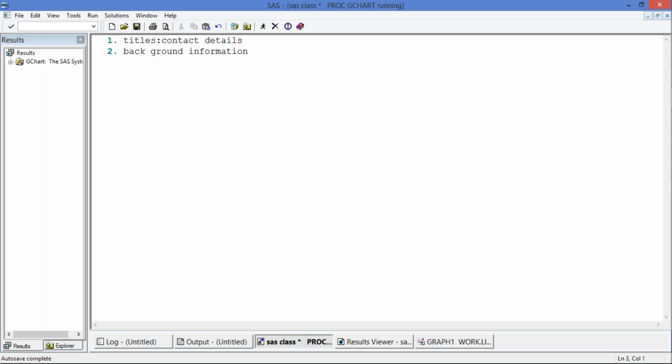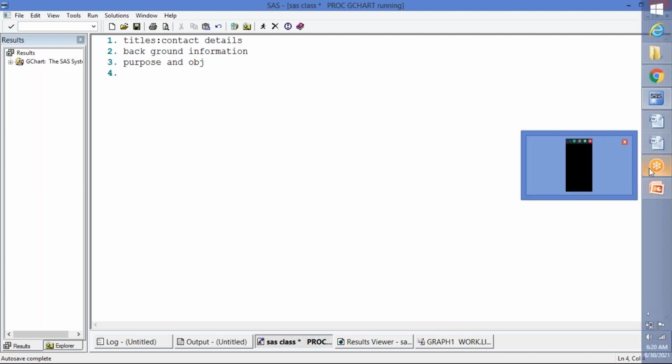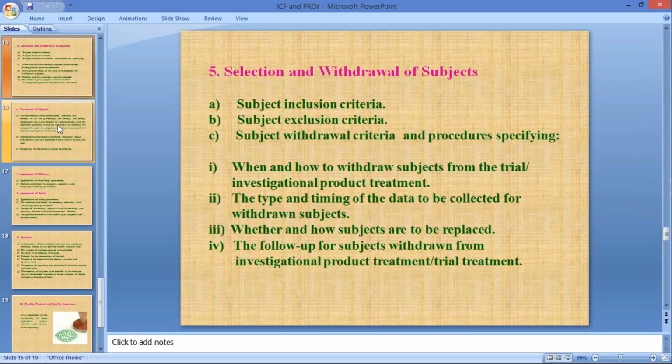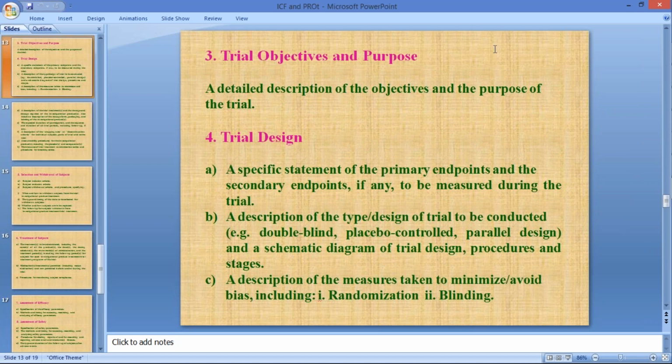Third one, trial objectives, purpose. Objective and the purpose of the research. This is important. Fourth one, explaining designs and all, right? Yeah, trial design.